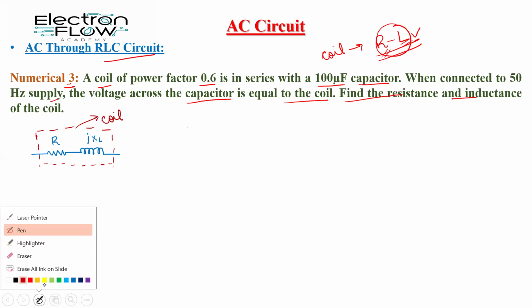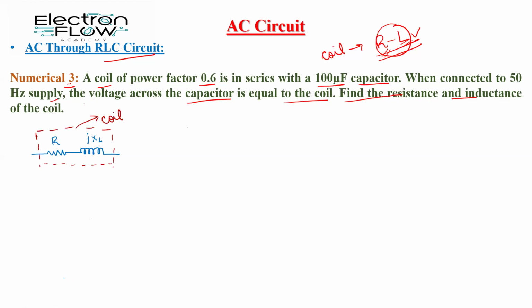Next, a capacitor is connected in series. This is the coil, and in series with this coil one capacitor is connected. The capacitance we are assuming here as negative jXC.